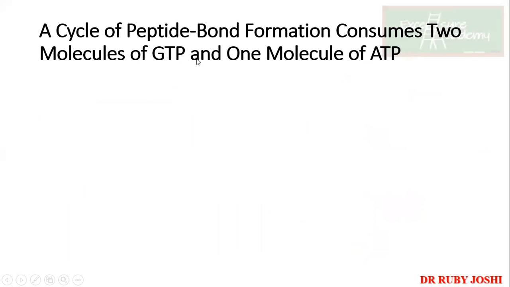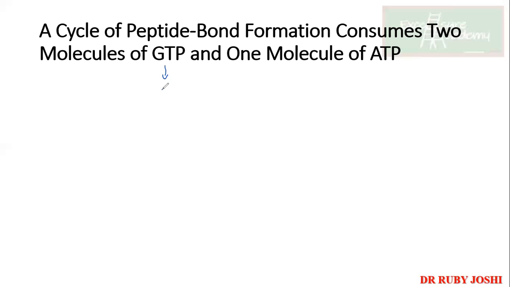Now, a cycle of peptide bond formation consumes 2 molecules of GTP and 1 molecule of ATP. Who can tell me this answer? Where did we use ATP and where did we use GTP to make one peptide bond formation? Ma'am, one molecule of GTP was used when it gets attached to that factor binding center.